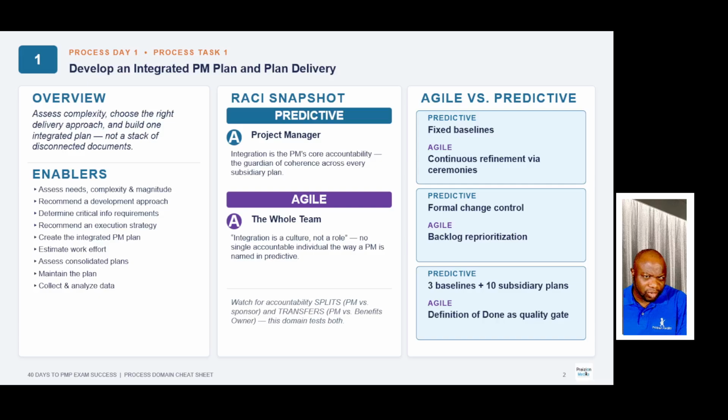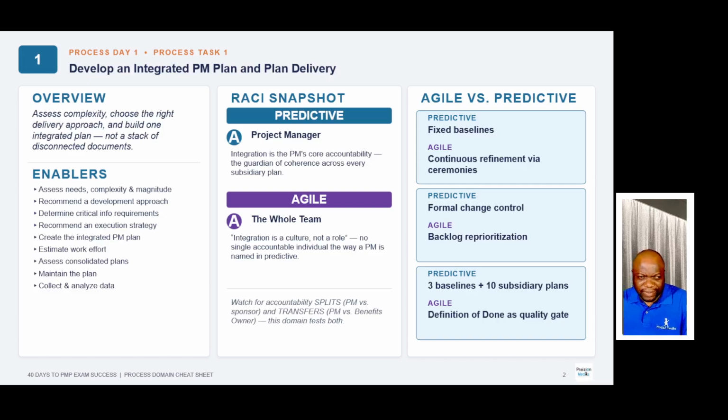Day number 1. This is develop an integrated project management plan and plan delivery. In the world of Agile, the way we do things is different. We have continuous refinement via events. In the world of predictive, integration is the project manager's core accountability.